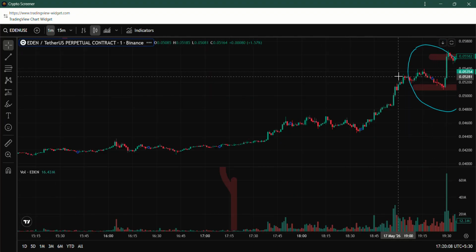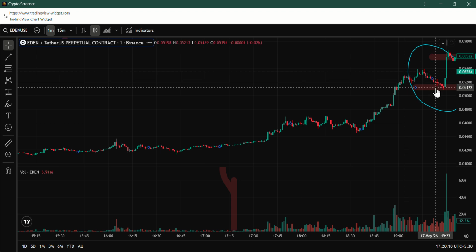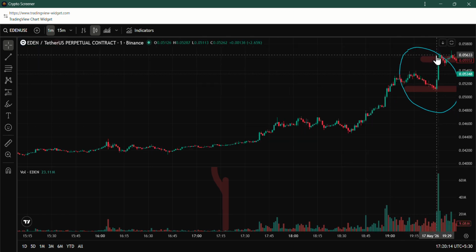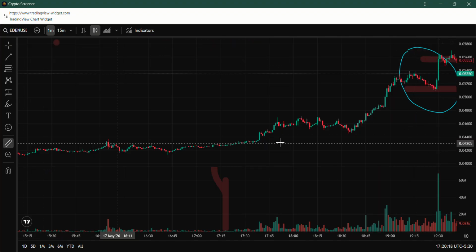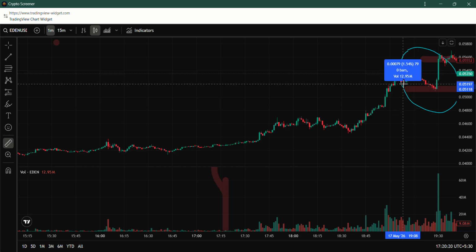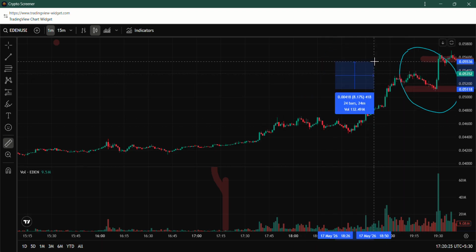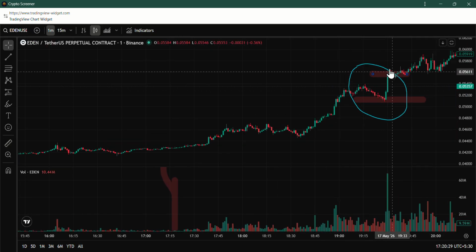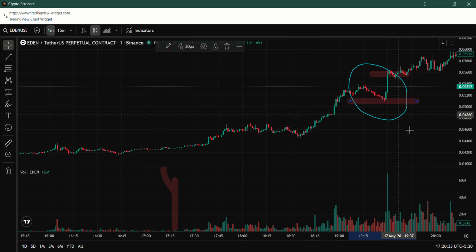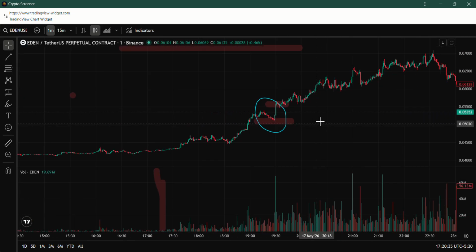After that, price stayed within the range for approximately 30 to 40 minutes, and when volume came, the price momentum was also very significant. I can measure it, it is approximately an 8%, 9% movement. So I enter here, my SL is there, and my target is there.